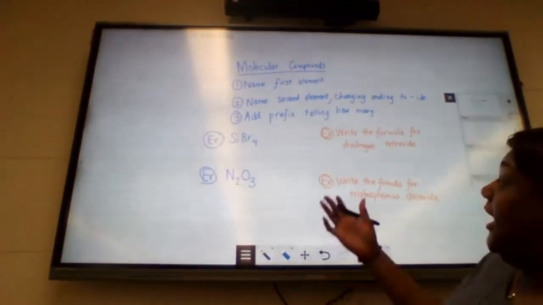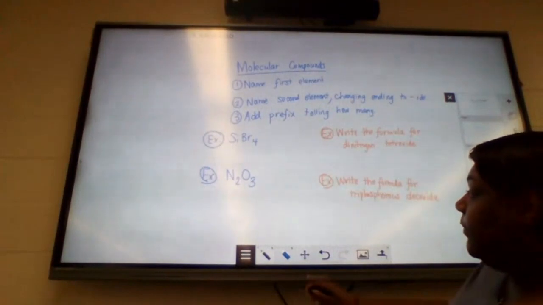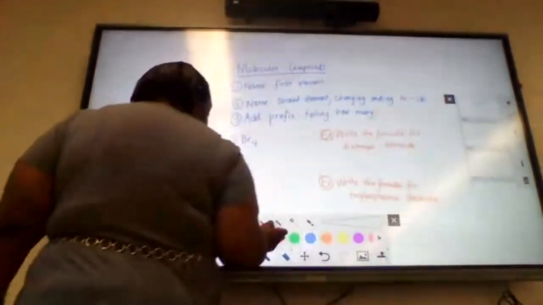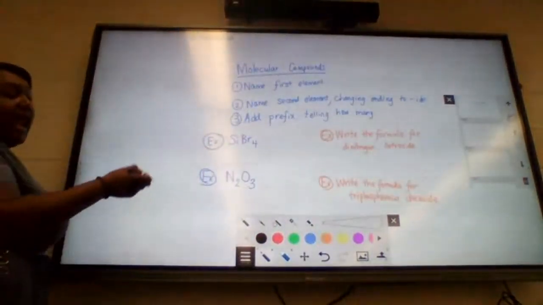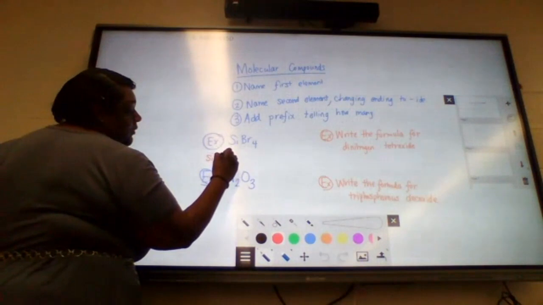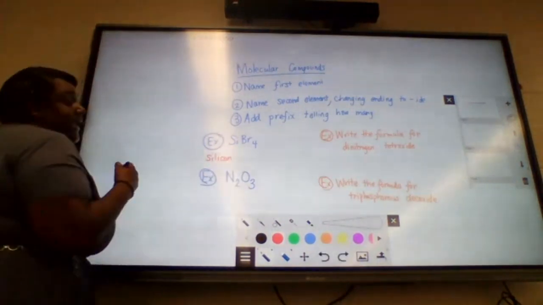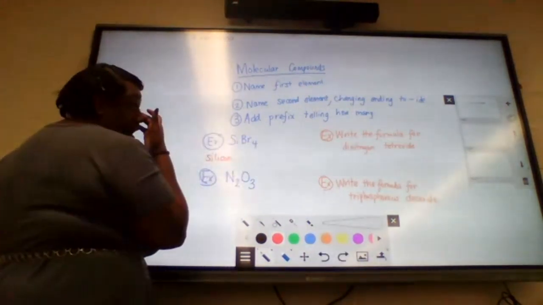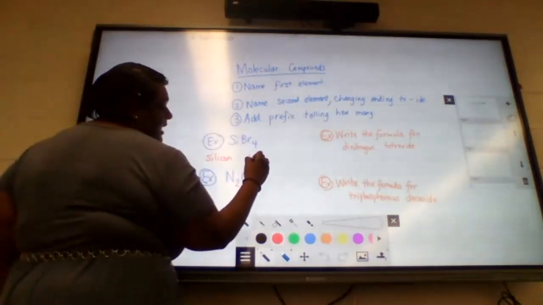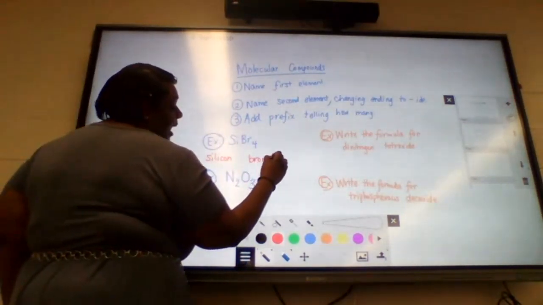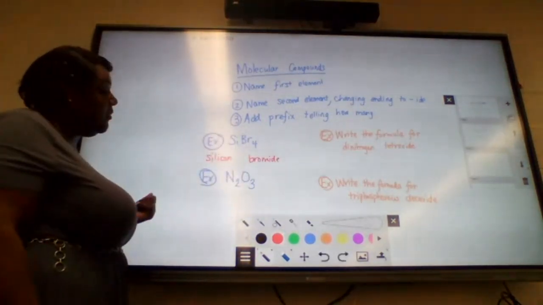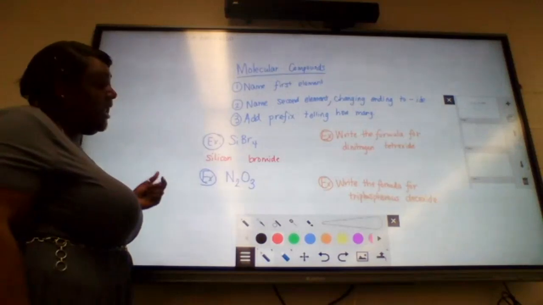All right. So if we're given this example that we have here, SiBr4, if I wanted to name that, I know that Si stands for silicon. I know that the Br stands for bromine, but I've got to change that ending to IDE, so that would be bromide. But now I've got to go back and put a prefix in to tell me how many of each one I have.